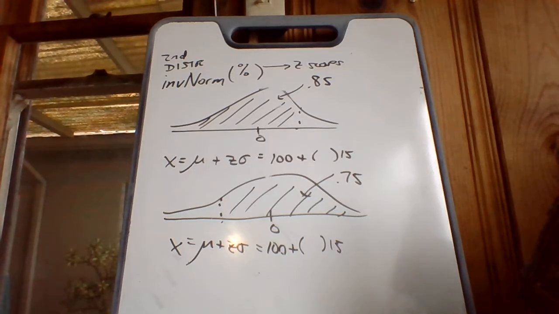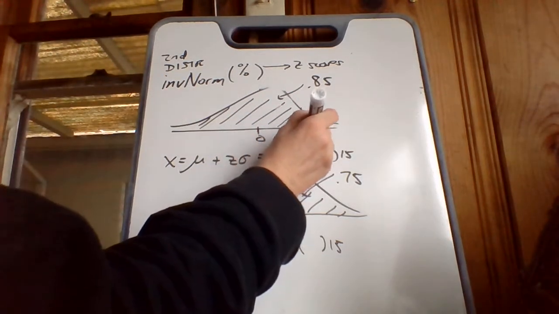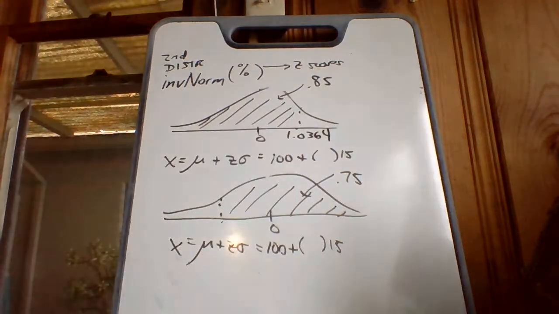If I do invNorm 0.85, I get 1.0364. All right. But it said find the IQ. That's not an IQ. That's a z-score. It's somebody's z-score, not their IQ.